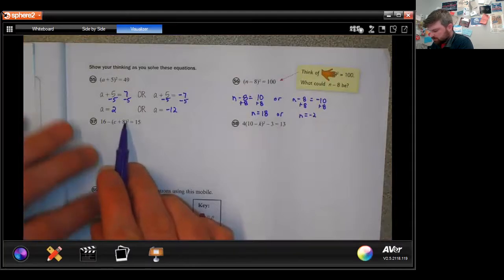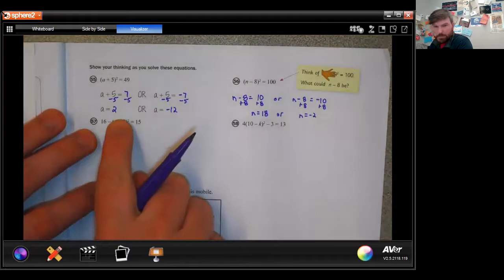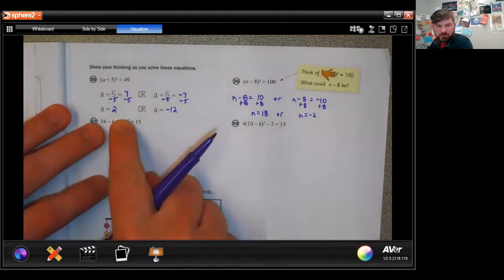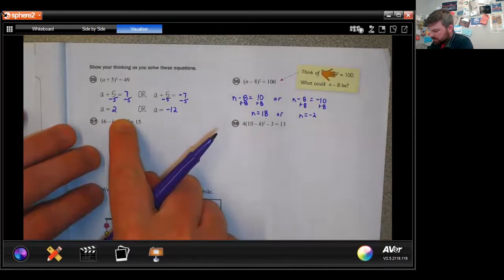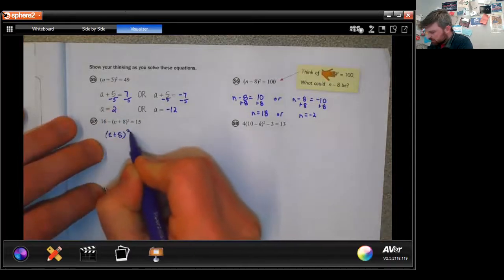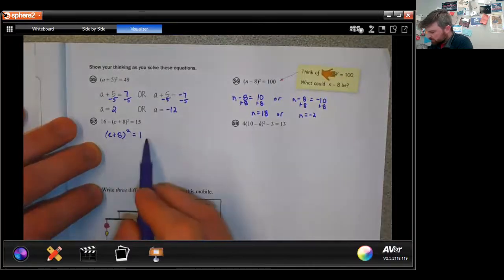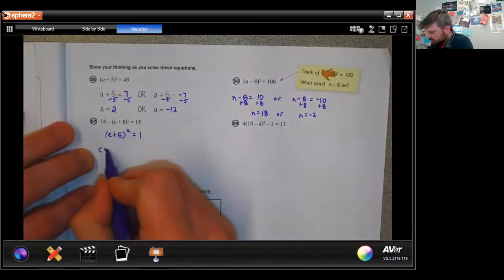Okay, so we're going to need to think about, if I cover this up, 16 minus what number is 15? So I covered up c plus 8 squared. So 16 minus 1 is 15. So then what number squared is 1? So we covered up c plus 8.